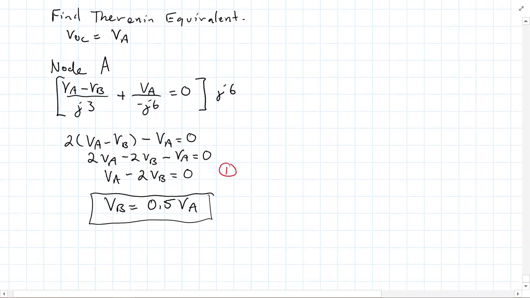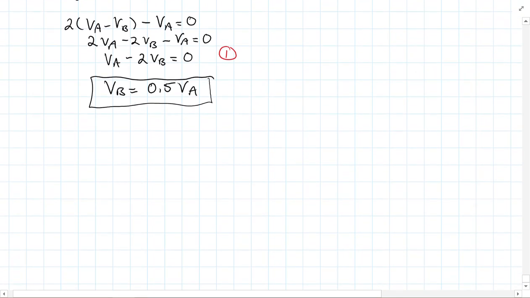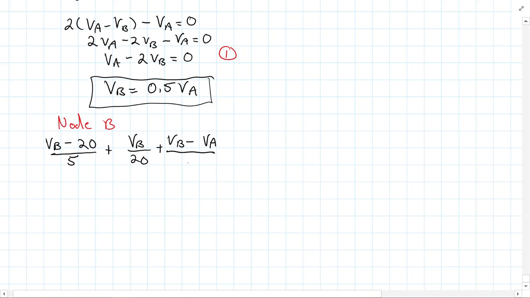So if we do that, at node B we get (VB minus 20) over 5 plus VB over 20 plus (VB minus VA) over J3, and this is equal to 0.